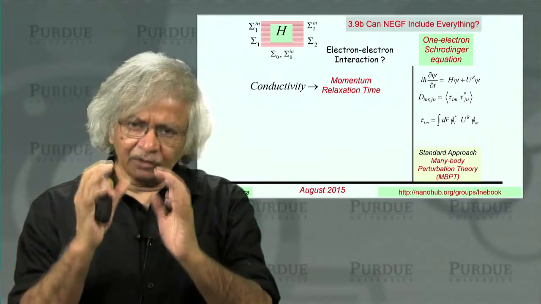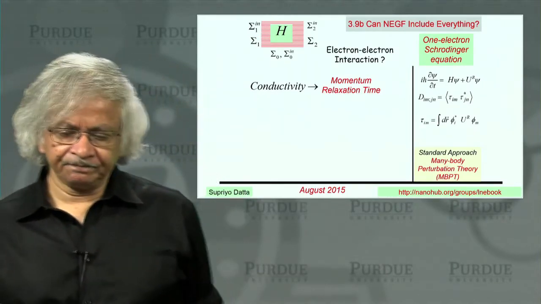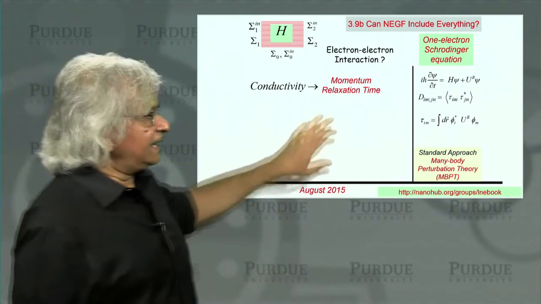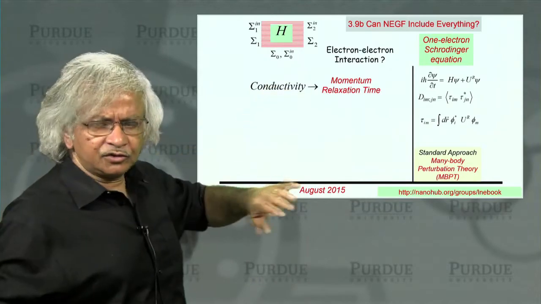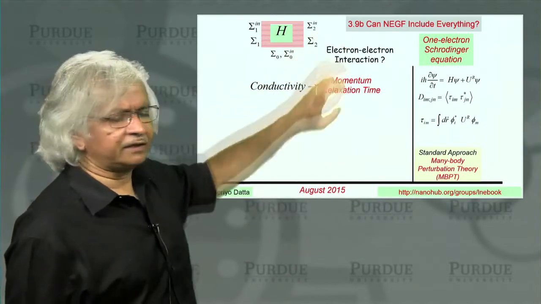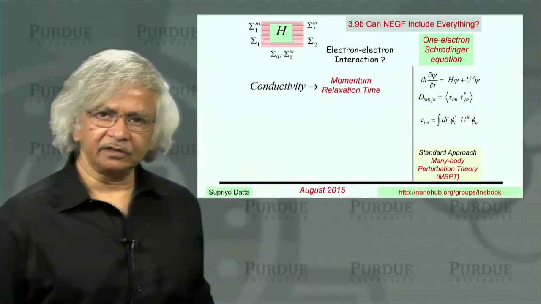And so, in total, momentum doesn't change. And as a result, things like mobility, conductivity, to lowest order are not affected by the electron-electron interaction at all.